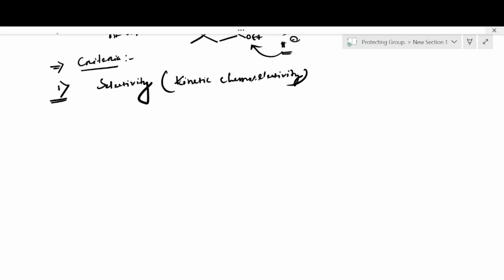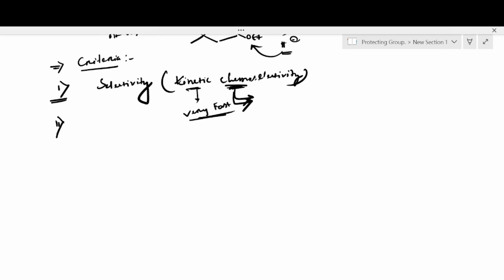Everyone knows about chemoselectivity, right? What do you mean by chemoselectivity? If two functional groups are there, and it is more specific towards one specific functional group, that is called chemoselectivity. And kinetics means very fast reaction, so it is selective towards a specific functional group and it will react very fast.